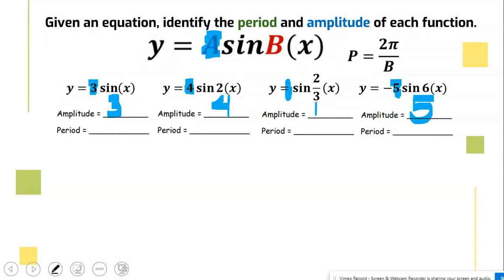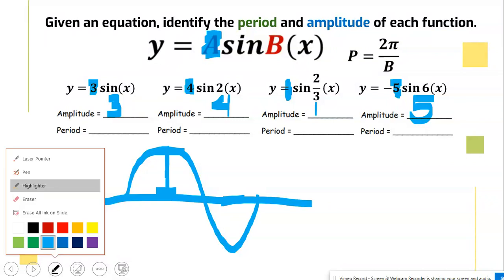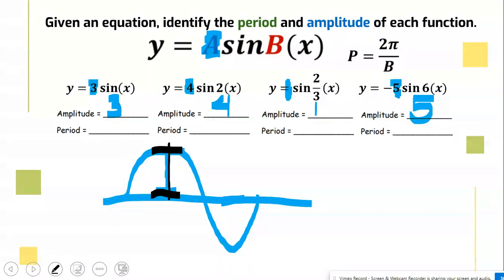I'll describe what the negative means in just a minute, but if we're just looking for amplitude, remember, amplitude is describing the distance from the middle to the max, or the middle to the min. And distance is never negative.